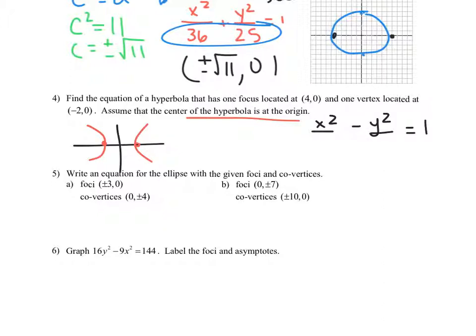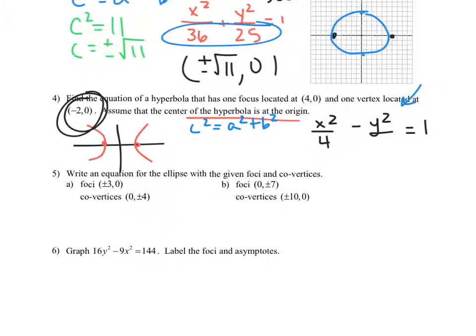Well, I already know that the vertex is on the x-axis, so negative 2 squared is 4. So to figure out what is underneath the y, I need to use c squared equals a squared plus b squared.